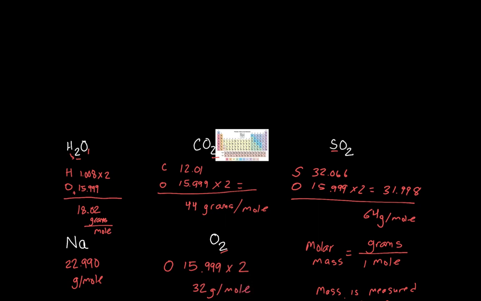So when you look at all of these, who has the highest mass per mole? Sulfur dioxide is 64 grams.